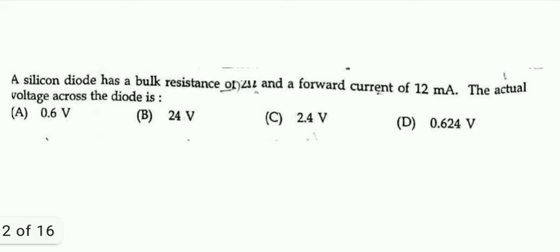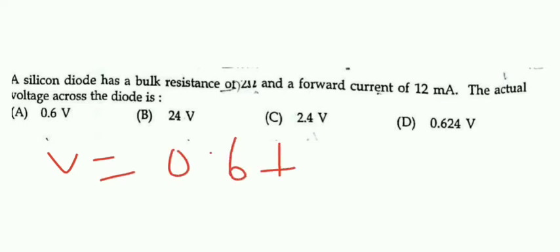Next one, a silicon diode has a bulk resistance of 2 ohm and a forward current of 12 milliampere. What is the actual forward voltage across the diode? We know that the voltage across the diode is given by V is equal to 0.6 plus IF into the bulk resistance.